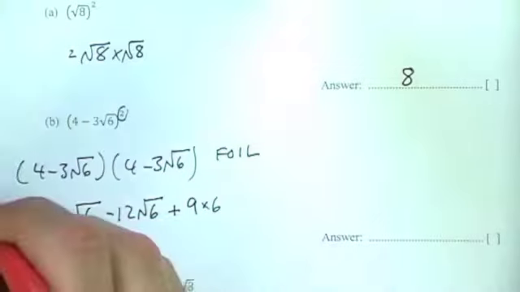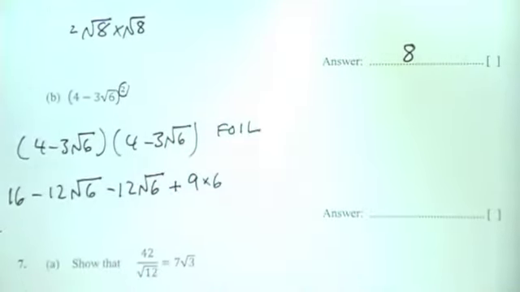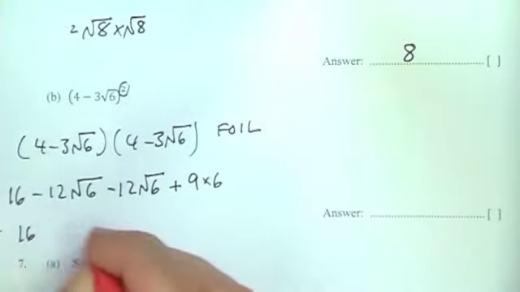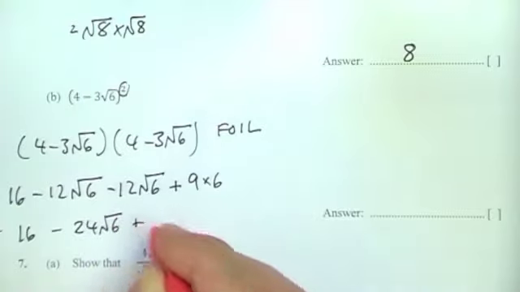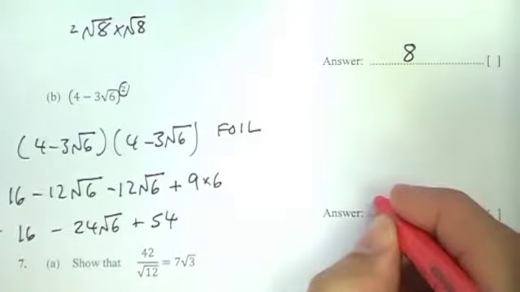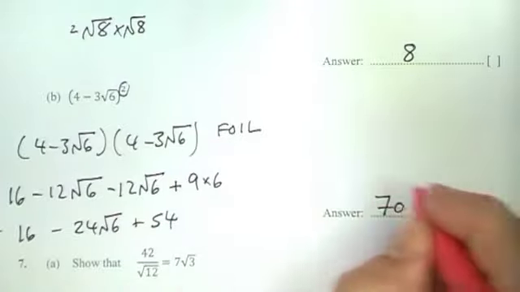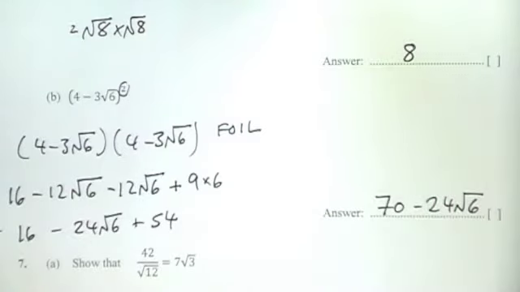So simplifying that a little further, that gives us 16 minus 24 root 6 plus 54. I can do the 16 plus 54 to make 70, and minus 24 root 6, and root 6 is a simplified surd.